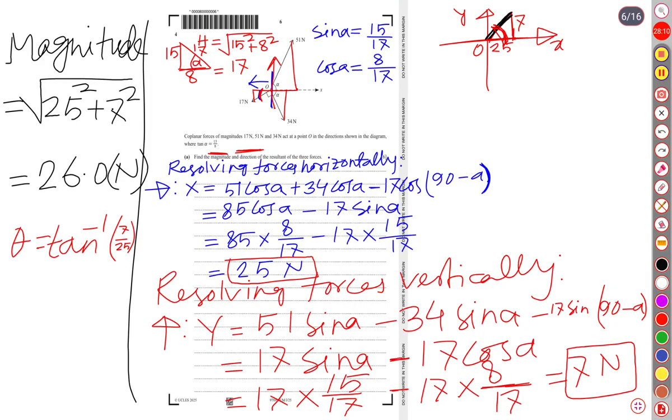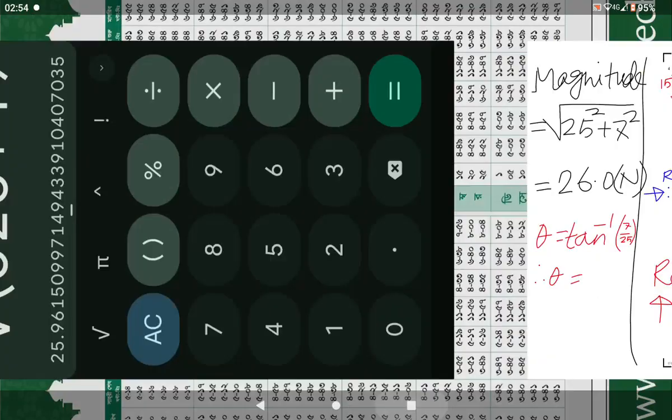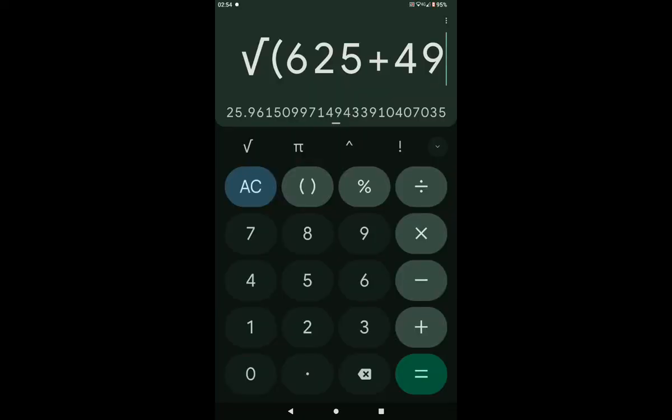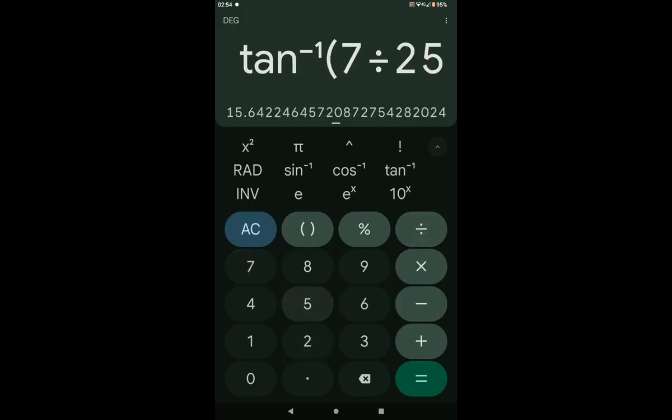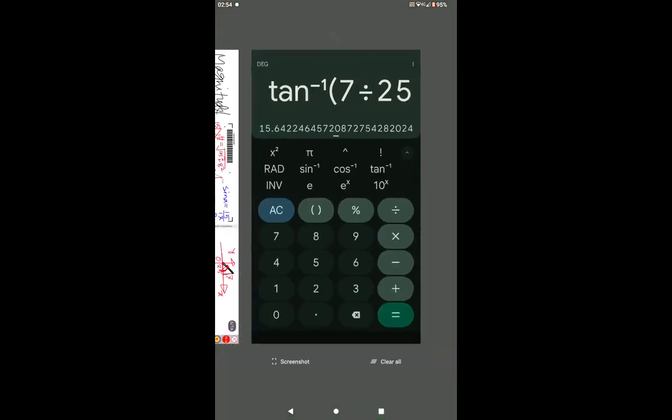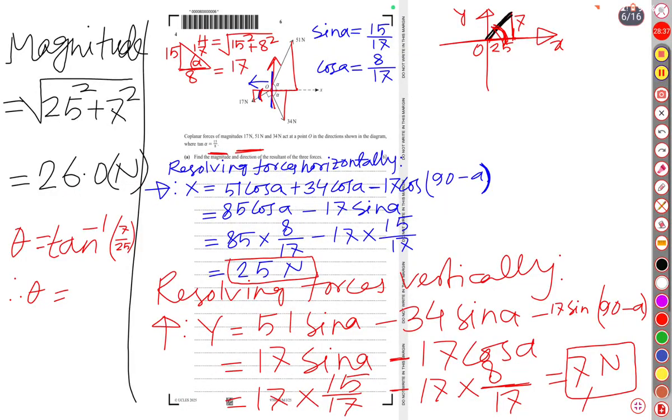So theta is going to be tan inverse of 7 over 25. To three significant figures, it is 15.6 degrees. 15.6 degrees.